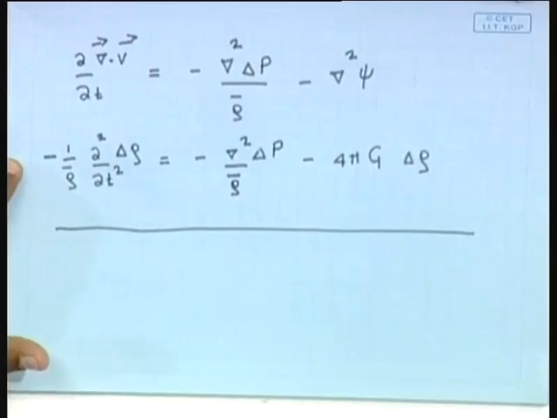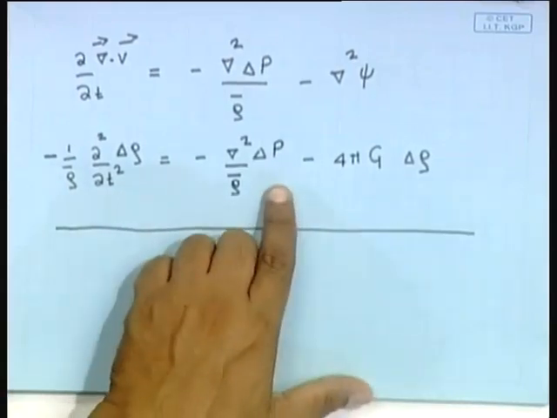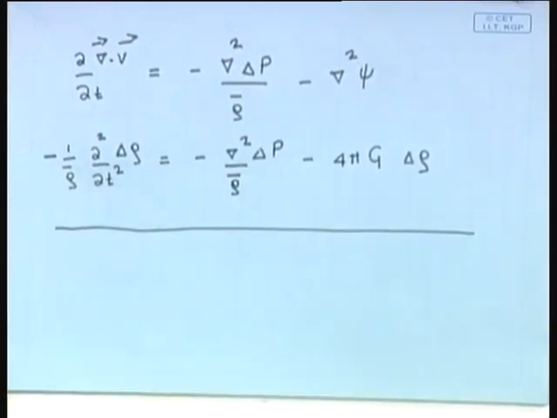Now, this equation involves two different things. One is the density fluctuation and the other is the pressure fluctuation. Now, consider a gas. In that gas, if I compress it, the pressure there is going to go up. If I expand it, rarefy it, the pressure there is going to go down.